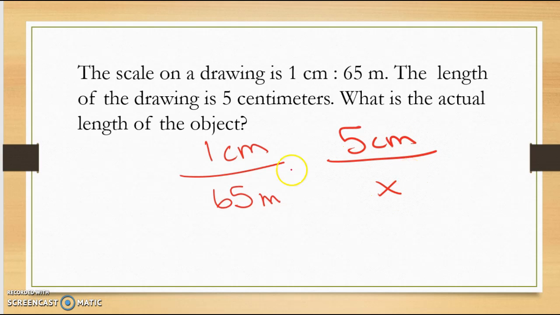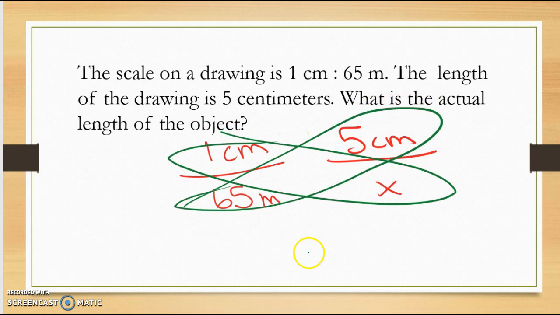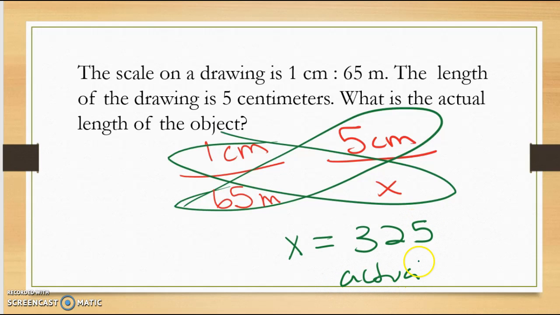So here we can do our cross product again. We can say x is equal to 65 times 5, which we know that 65 times 5 is going to give us 325. So our actual length is 325 meters.